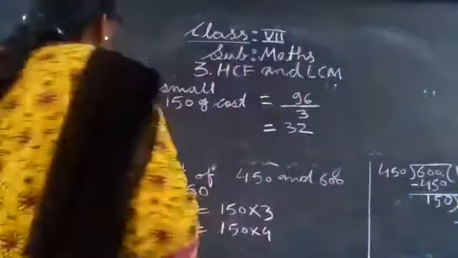It is 124 divided by 4, and the answer is 31 rupees. See beta, in the small bottle the cost of 150 gram is 32 rupees, and in the large bottle the cost of 150 gram is 31 rupees. So which one is more profitable? So it is more profitable to buy the 600 gram of jam.